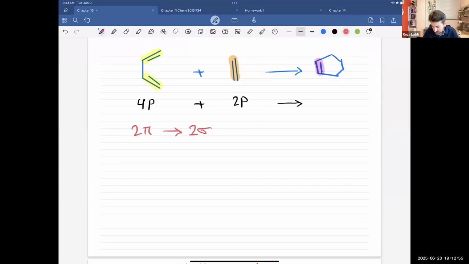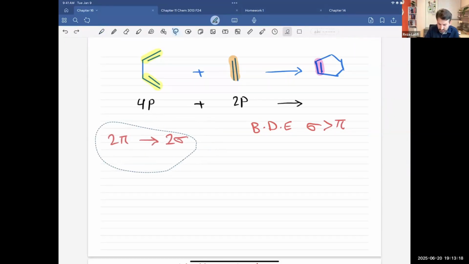We know the bond dissociation energy. What does it mean? It means the energy that you need to apply to break the bond. The bond dissociation energy for a sigma bond is bigger than for a pi bond. So delta H for this process, turning pi into sigma, is going to be negative.